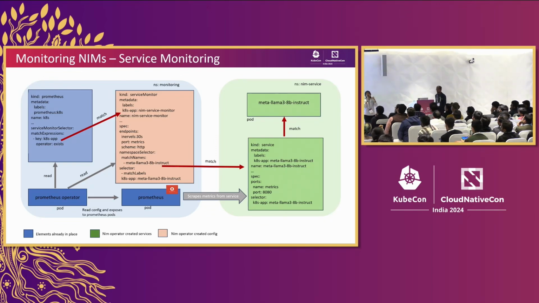Let's move on. The second part of monitoring, as I said: how is the NIM service itself monitored? Because, based on how well the NIM is performing, you'll know whether you're reaching your business goal or not.